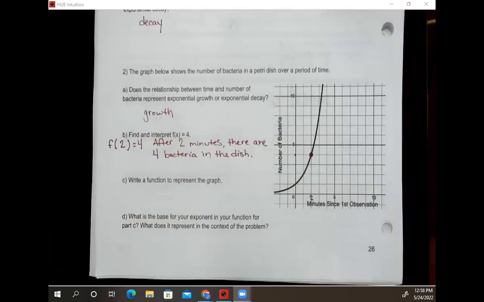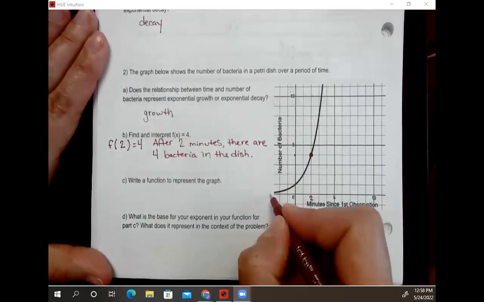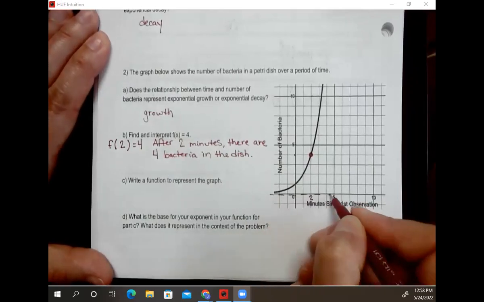For C, we're going to write a function that represents this. We actually did this the other day. So when we started our section on exponential functions, the very first thing we did was graph exponential functions. And after we had graphed a few, then I gave you a graph and asked you to write the function from the graph. So we're going to do that here. Now, the thing that we're missing is our asymptote. But if I look at where the graph tapers, it appears to be right about here.